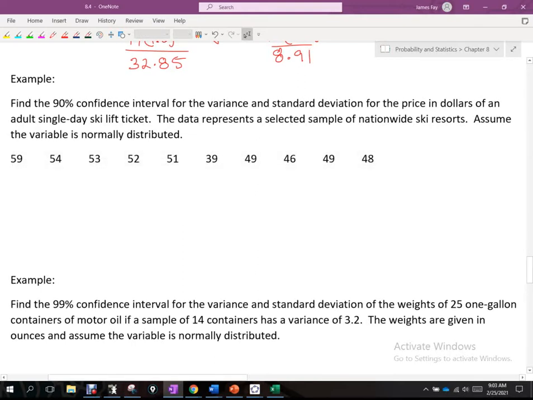Remember, our formula requires us to have, I'll write it this way, n minus 1, which is your degrees of freedom, times s squared over chi squared right, less than sigma squared, less than n minus 1 times the standard deviation squared of the sample over chi squared left.